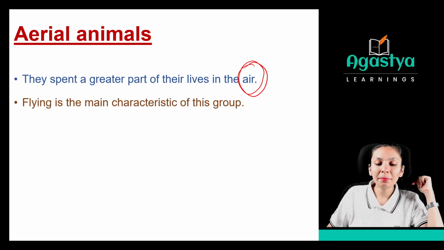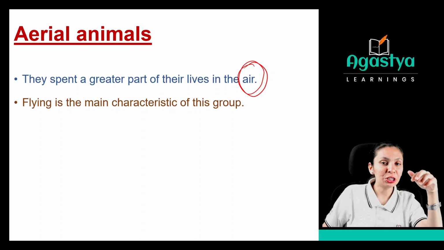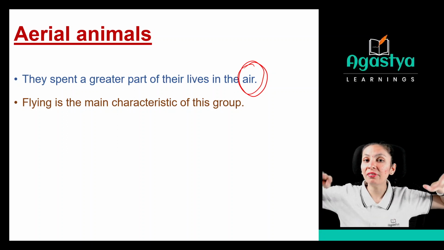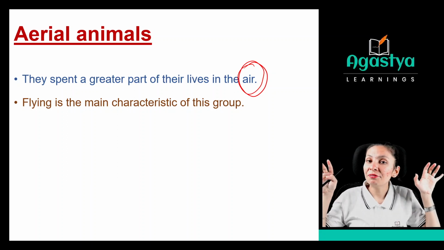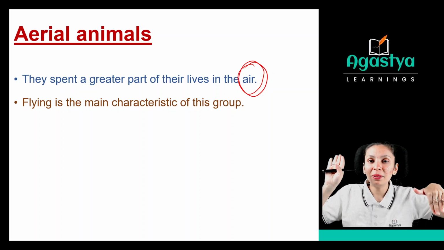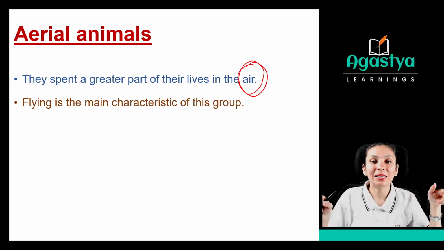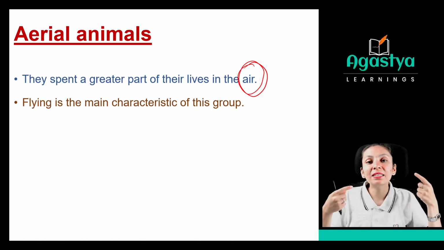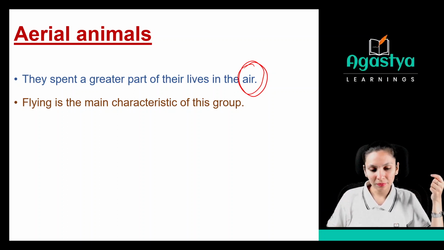So flying is the main characteristic of this group. As you know, if they want to stay in air, then they should be having some flying adaptations. So for this flying adaptation, what do they have to do? Yes, they have to flap their wings. And for that, they should be having wings, na? So these are the adaptive features of the aerial animals.